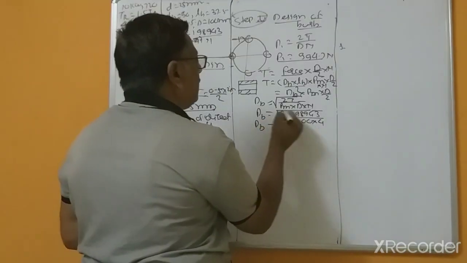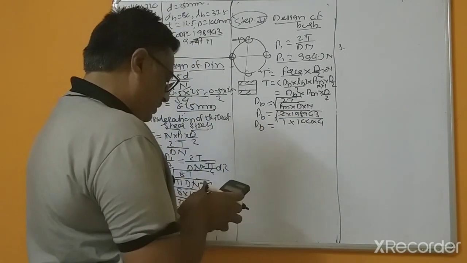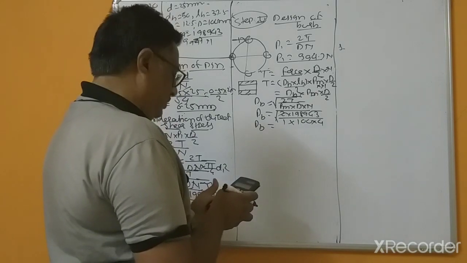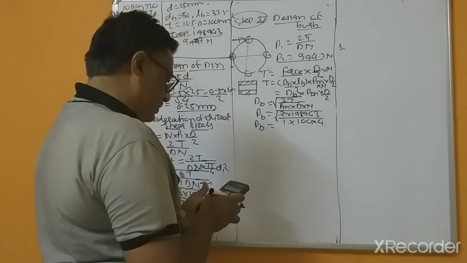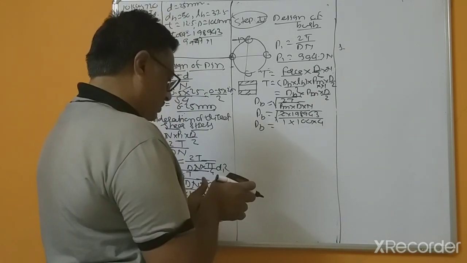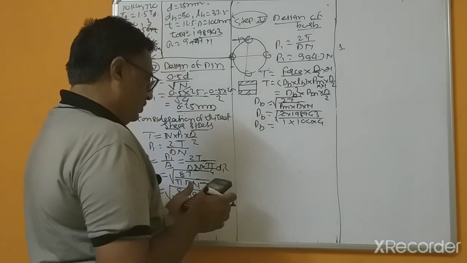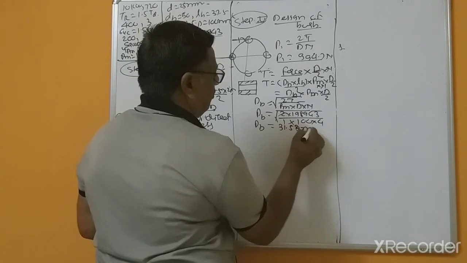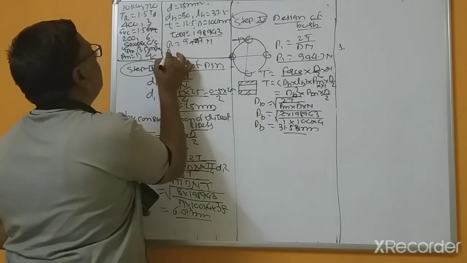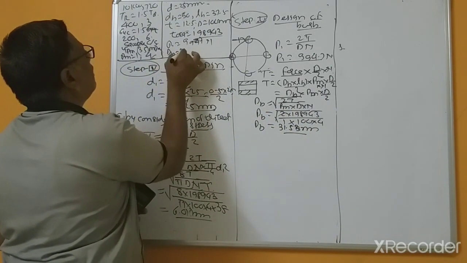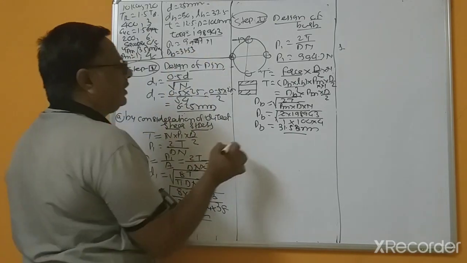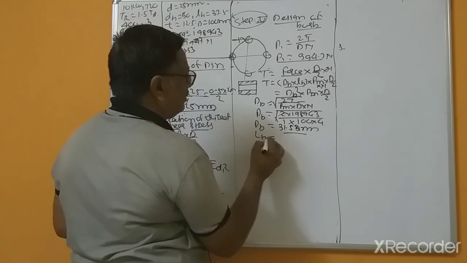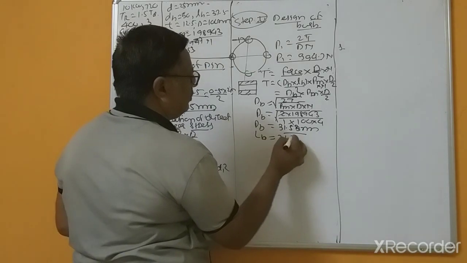This is 2 and 198943 divided by 200. And this is correct, 31.53 mm. Diameter of the bush and length of the bush equal to 31.53.